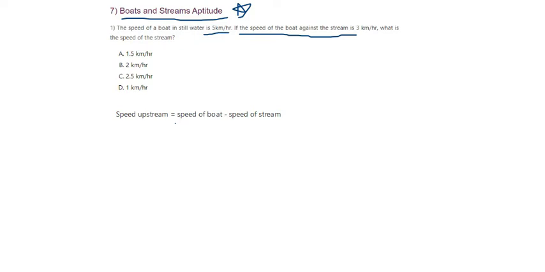What is the speed of the stream? So to calculate upstream speed, we have a formula: speed of the boat minus speed of the stream.